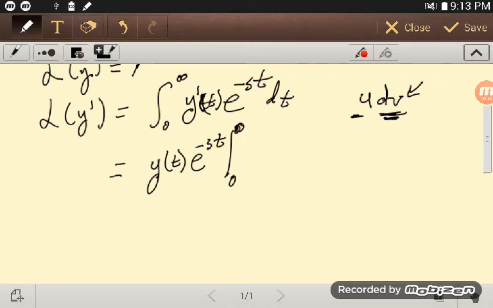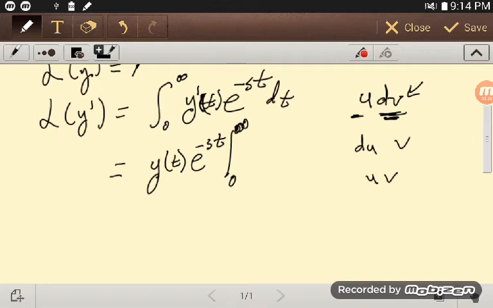And then the integration by parts says we subtract off that v times du. So here, this first part was our uv, and then it's minus the definite integral in this case of the y here times the derivative of e to the negative st with respect to t.